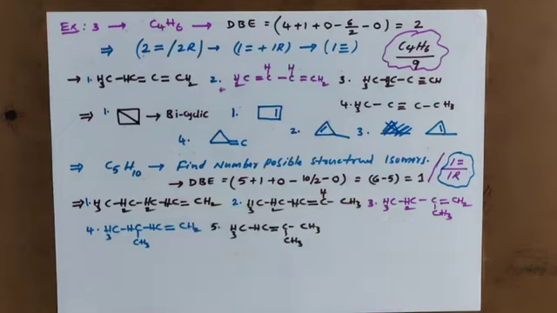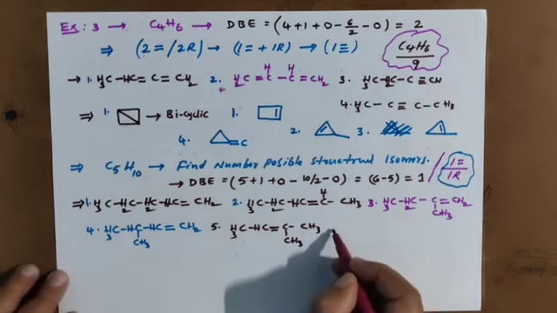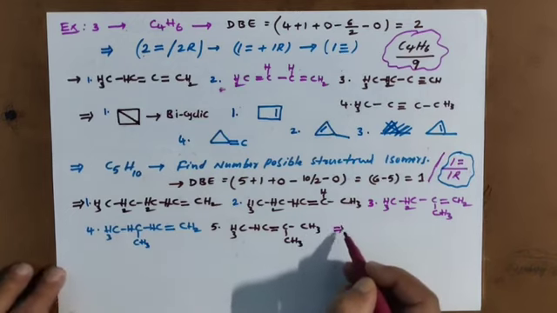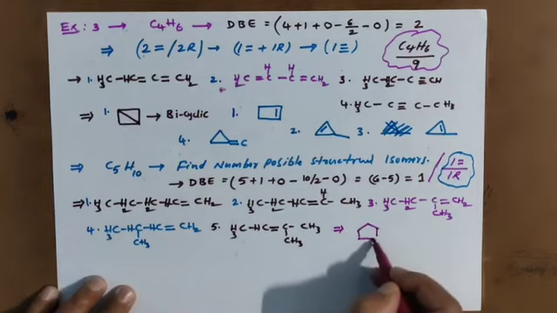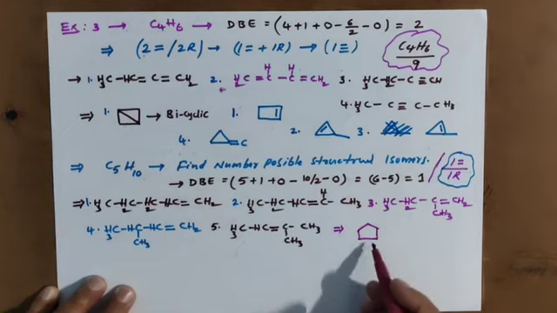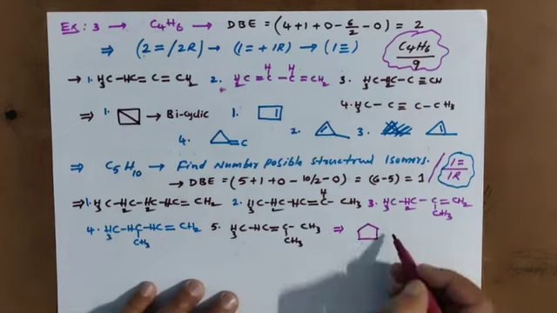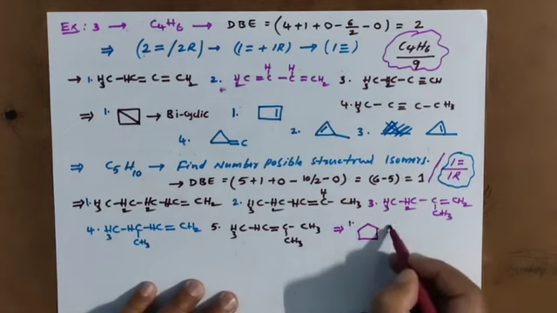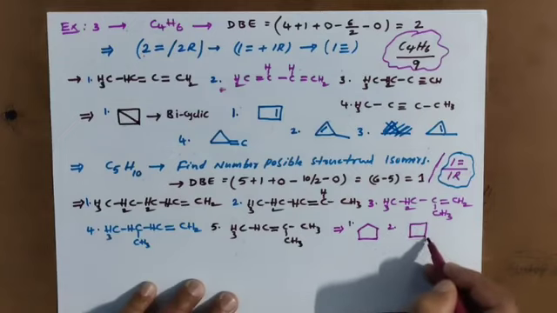5 structures. Now ring type. How many ring types are you getting? 5 carbons now. Cyclopentane. A 5-carbon cyclic ring. We got that, which means with 4 and with 3 also you are getting. See, with 4 I am taking now. With 4, cyclobutane with 1 substituent.